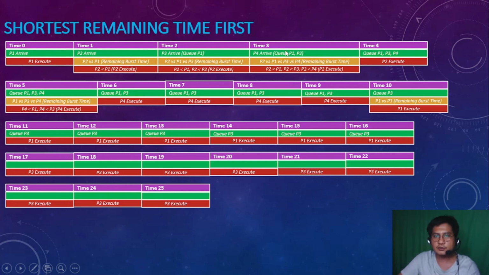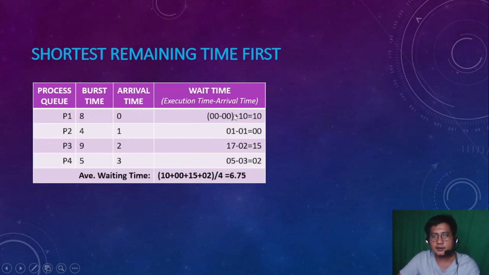So we will count 1, 2, 3, 4, 5, 6, 7, 8, 9, 10. So that is why in this table we have to add 10 time slice to the waiting time, because process 1 has to wait 10 time slice before it gets back the attention of the central processing unit. So that is why 0 minus 0, we have 0 plus 10, so it has a total 10 time slice for the waiting before it gets executed in the central processing unit.